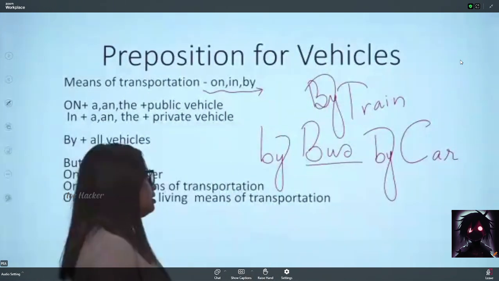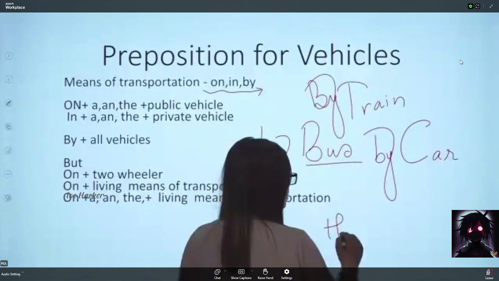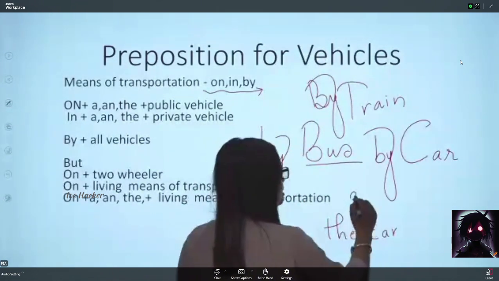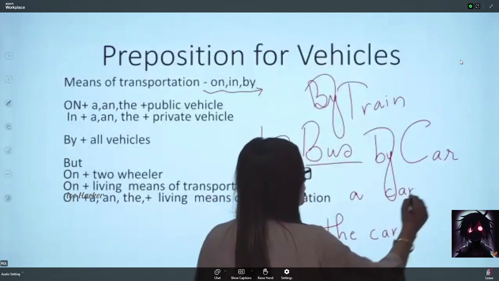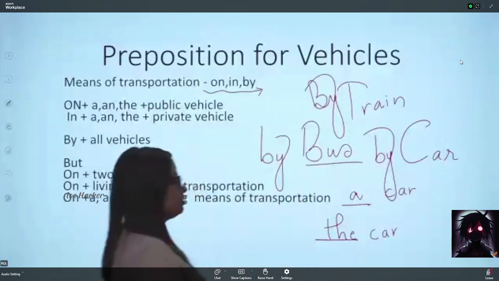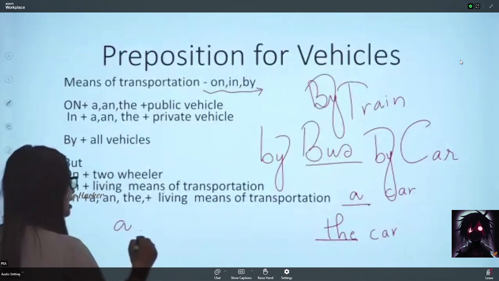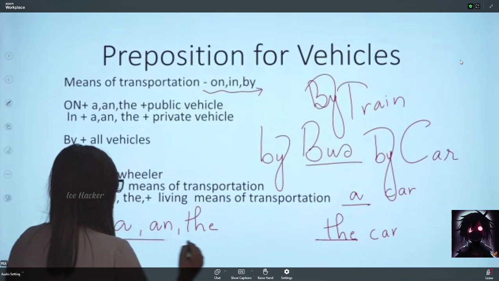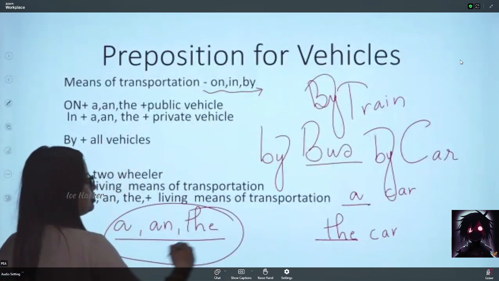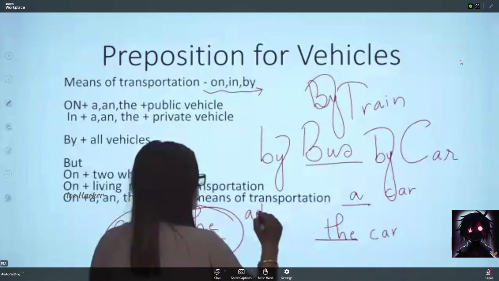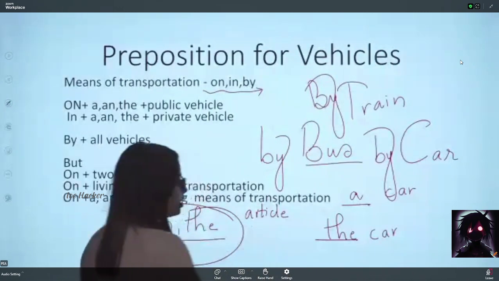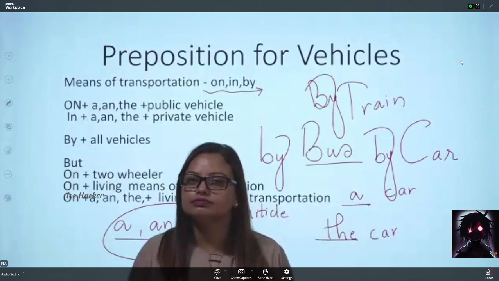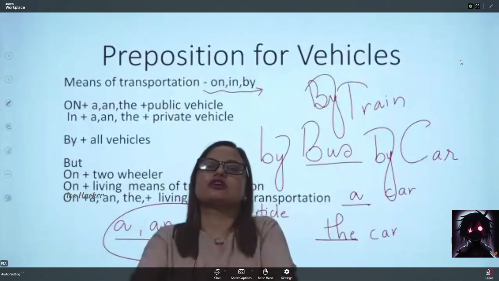But suppose I write a car. What are a and the? A and the mean article. This is called article. If your vehicle comes with an article, then you have to go for the identification of your vehicle.